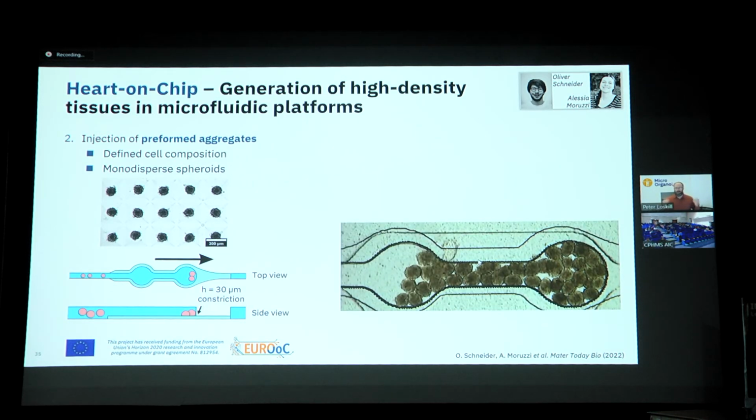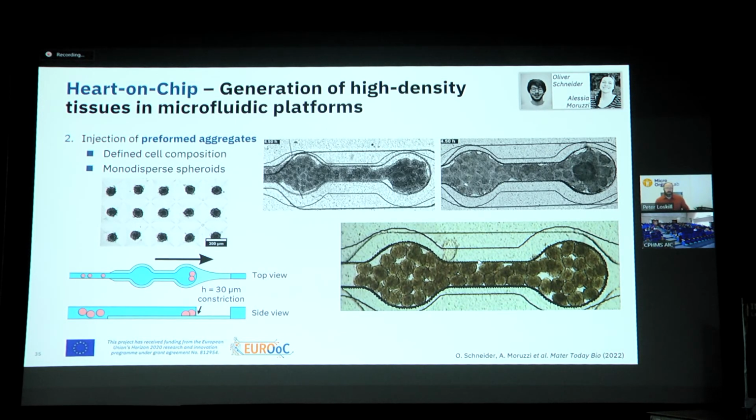Again, we just need hydrostatic flow pressure, so there's no manual pressure buildup or anything. We just add a pipette tip with these spheroids into the inlet ports, and then they will pop in there. And within 24 hours, they will then start to merge into exactly the structure we want, which we basically define by the tissue chamber. And this structure is really this aligned fiber in the center.